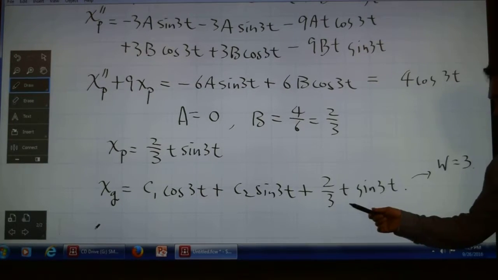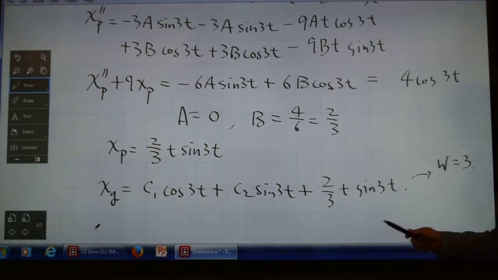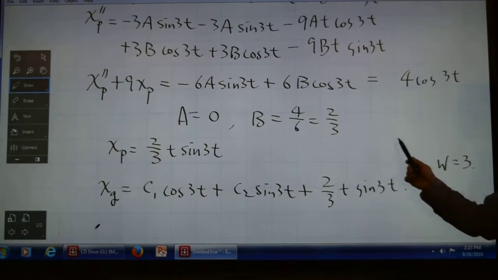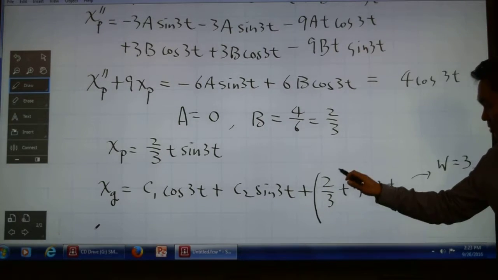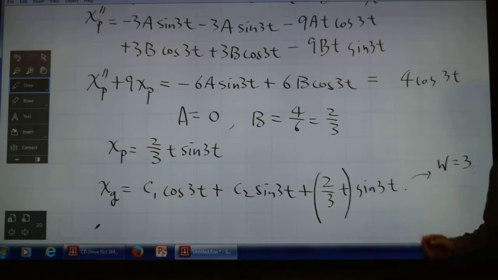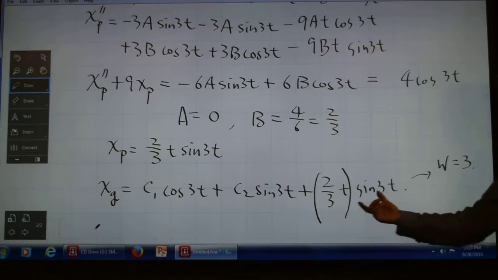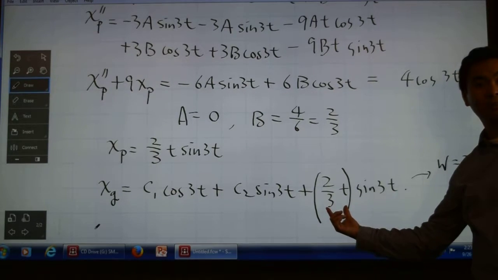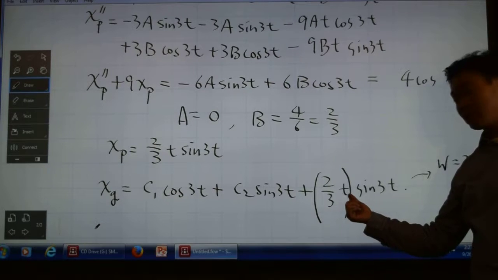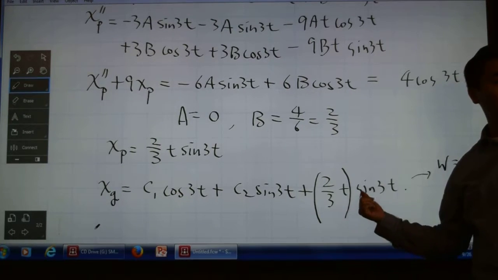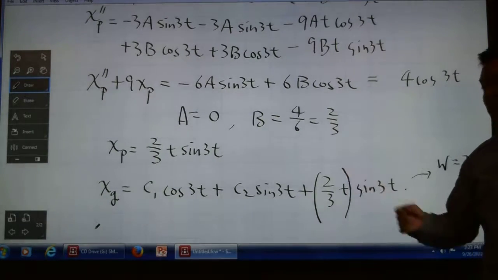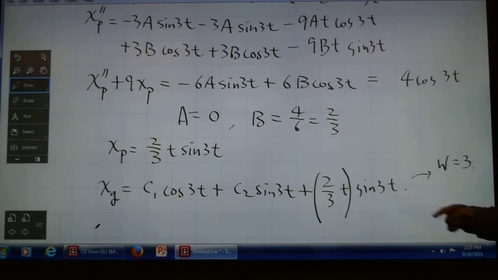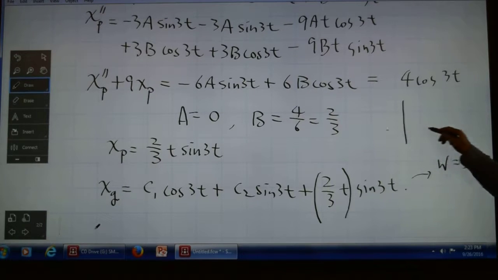Now, what's the amplitude of this function? You can think of it like 2/3 t times sine 3t, right? So what's happening to the amplitude? It's changing. The amplitude is changing. Is the amplitude going up or down? It's increasing, right? So if you drew the graph of this thing, you're going to see something like this.